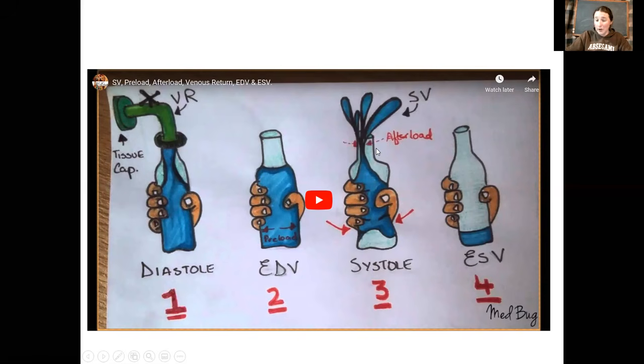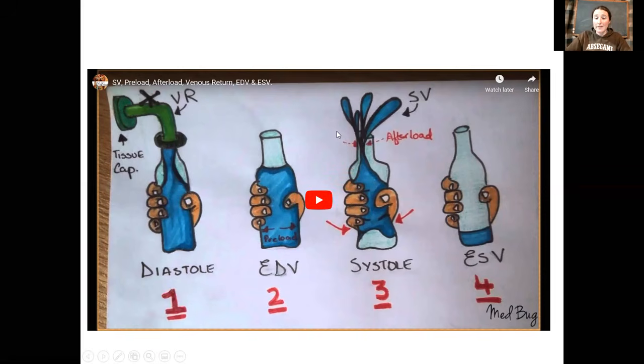Afterload is the pressure that the ventricle must overcome in order to eject the blood from the heart. This is essentially, as we're going to see in a moment, whatever the blood pressure of the aorta is. So that's the afterload.